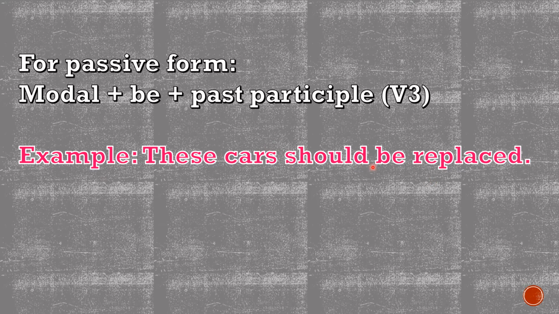Here is a passive form, and we have just said that this form is used for recommendation. Should be replaced. The modal, be is obligatory, and replaced, which is verb 3 or the past participle of the verb.